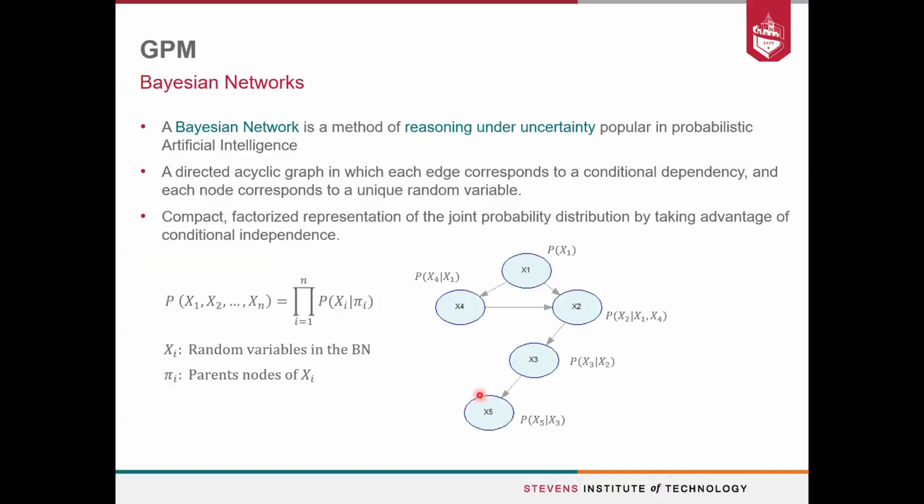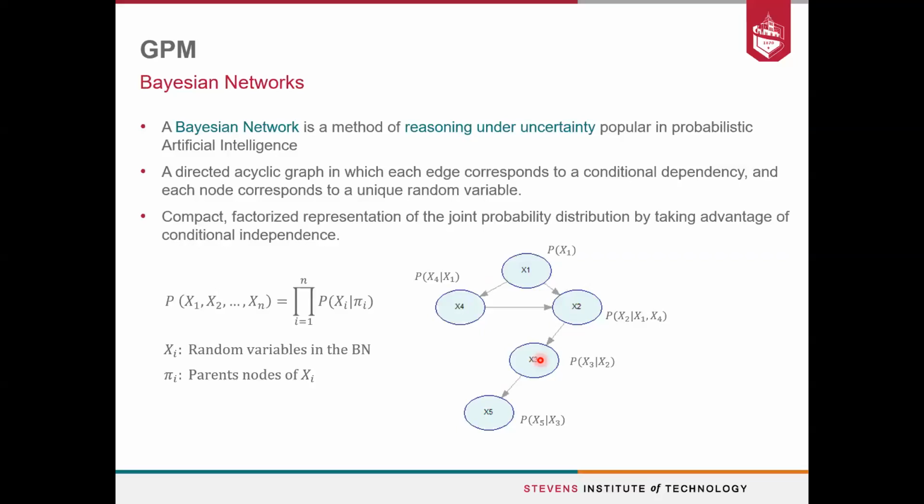This is a generic BN. Attached to these nodes are probability or conditional probability distributions. You also see several edges that represent the conditional dependency between all of these variables.